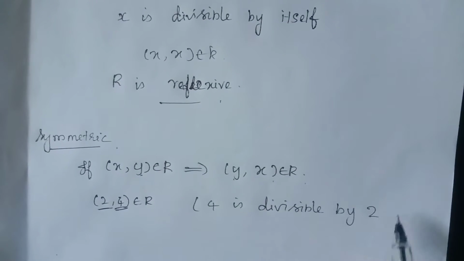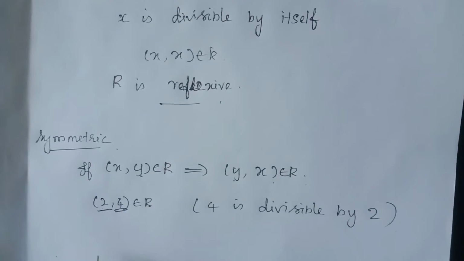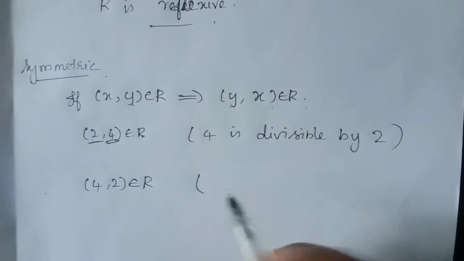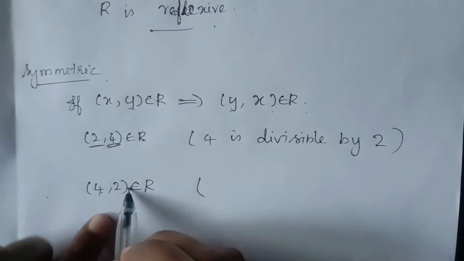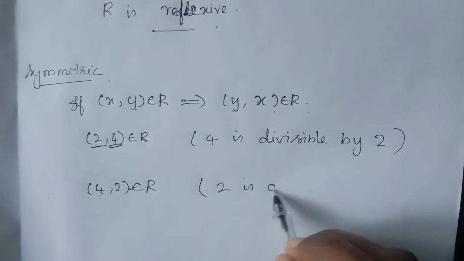Now we have to check whether (4, 2) belongs to R. We know 4 is divisible by 2, but 2 is not divisible by 4.